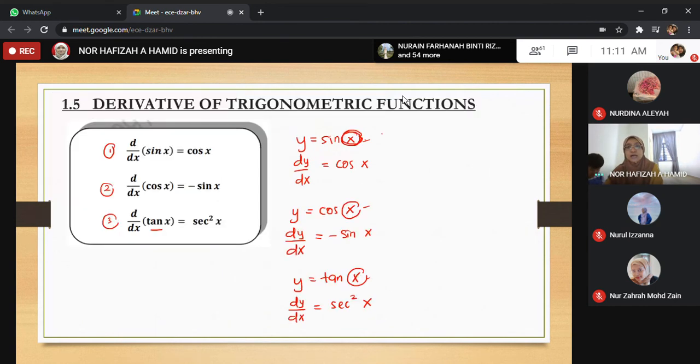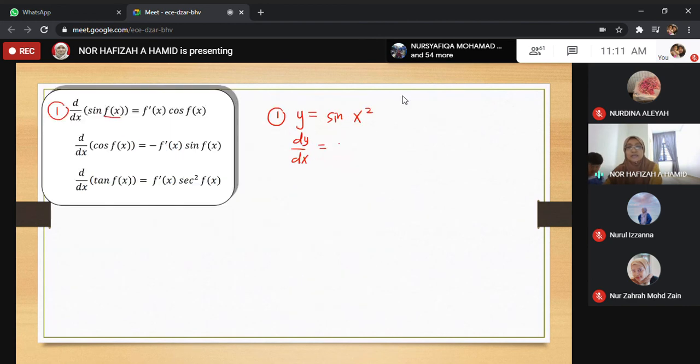Differentiate sin is cos, so sin x square becomes cos x square. But you need to multiply with the differentiation of x square. Differentiate x square is 2x, so equal to 2x cos x square.